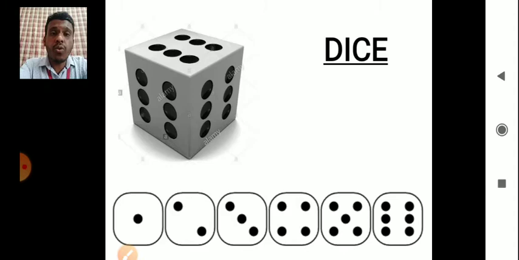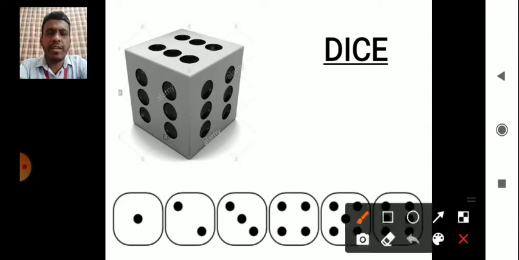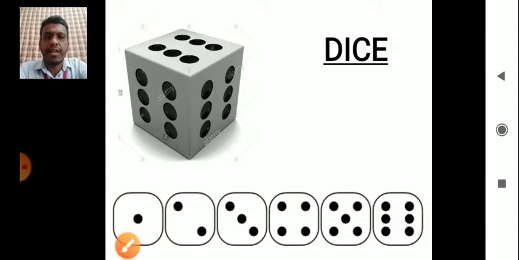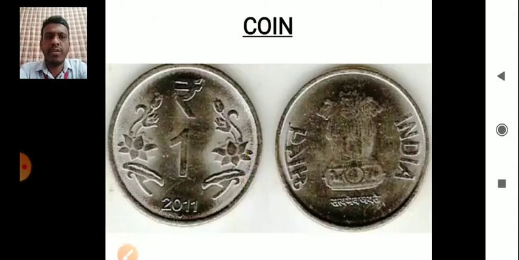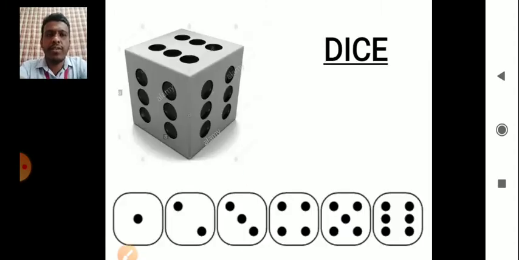When you roll a die or a dice, in fact, what are the possible outcomes? The possible outcomes are 1, 2, 3, 4, 5 or 6.